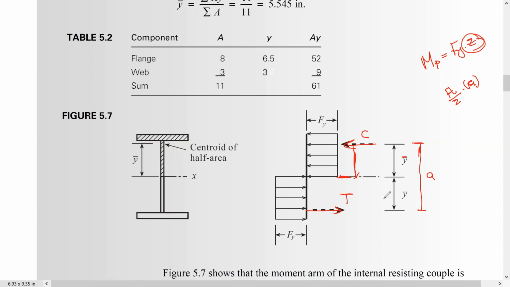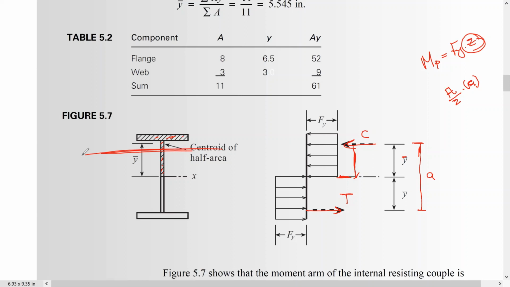So let's just take 1/2 of this cross section, the shaded one here, and calculate the centroid for this one, and then we can get a. So the centroid of this shape is supposed to be somewhere here.